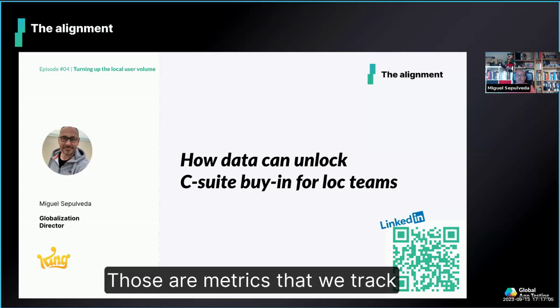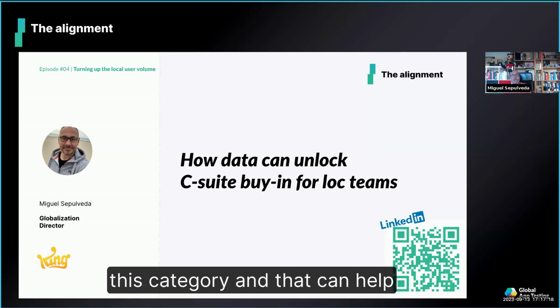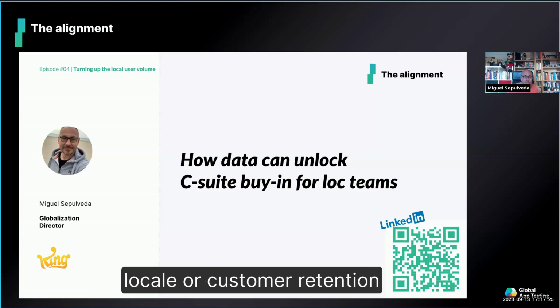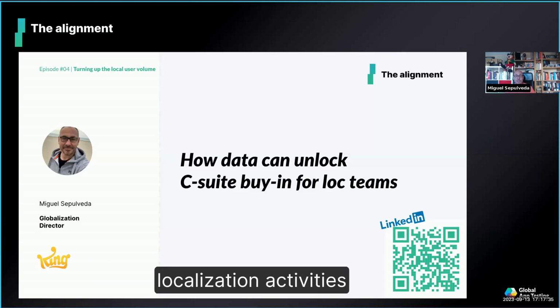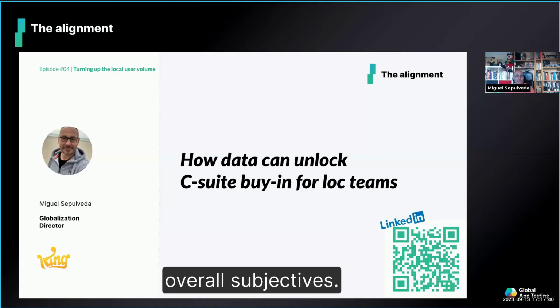Those are the metrics that we track and report to leadership: growth metrics where localization is contributing. To be more specific, some metrics that fall under this category and that can help explain the added value of localization are, for example, the average revenue per user per locale, customer retention rates per market, or monthly and daily active users by country. These metrics demonstrate how localization activities contribute to the product team's goals and the company's overall objectives.